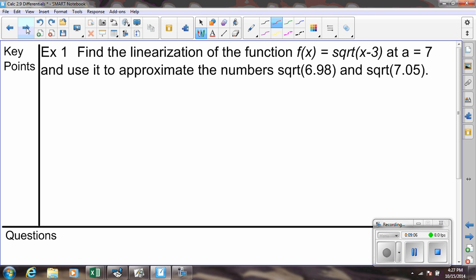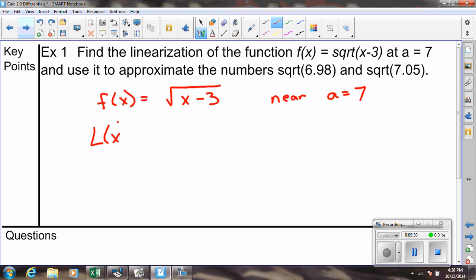For example, if we have the function f of x equals the square root of x minus 3, and we want to linearize it near or at an a value of 7, what will we be able to do? Well, remember, the linearization of x near a equals 7 is f of a plus f prime of a multiplied by x minus a.